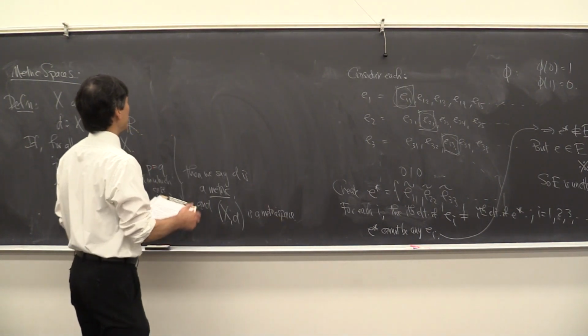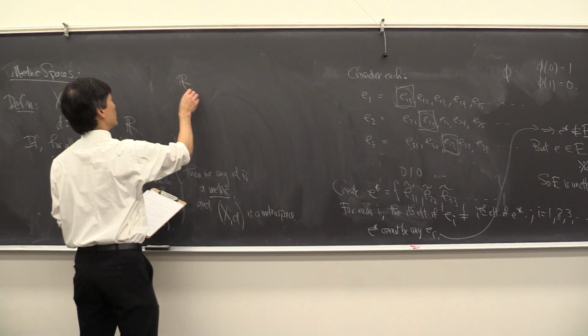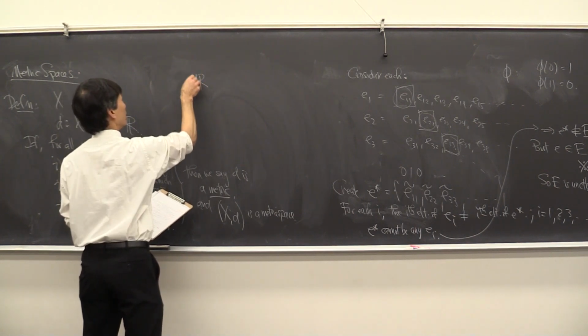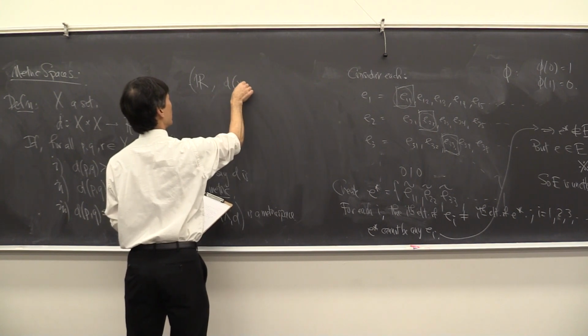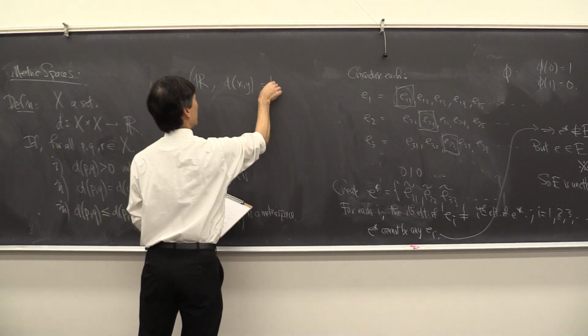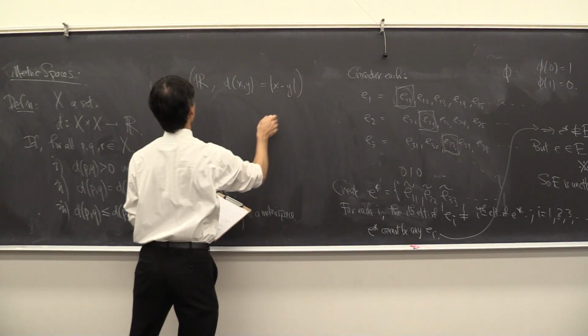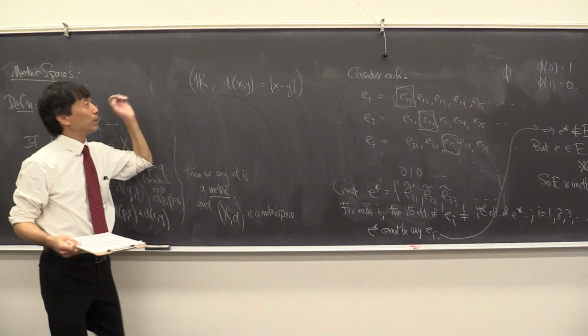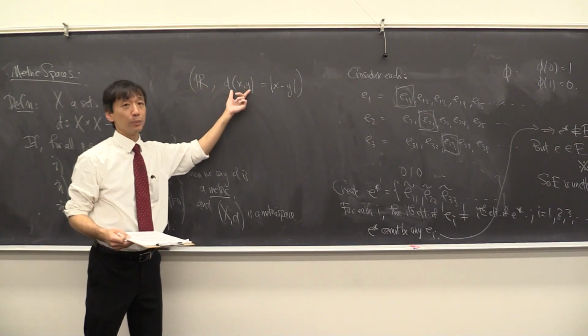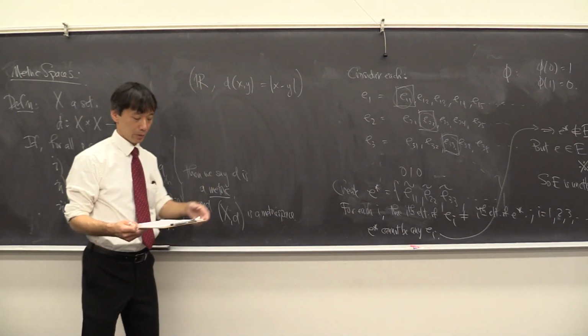And of course, the most straightforward examples are the real numbers, where the distance between two points is defined as the absolute value of the difference. So that's the standard one. You have numbers, and the distance between numbers is the absolute value of the difference.